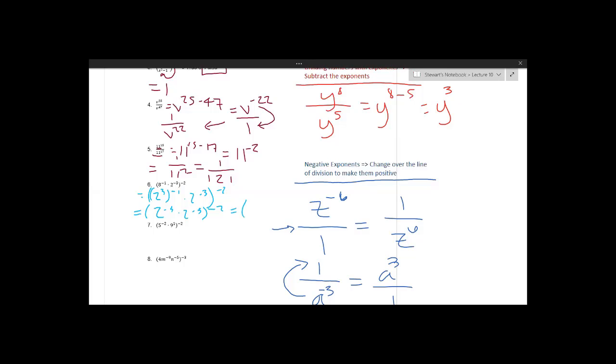So this is going to end up being 2 to the -6th raised to the -2nd power. Now we have two exponents connected by parentheses, so we multiply them together. -6 times -2 is +12. So our final answer is going to be 2 to the +12th power, which is quite a large number.